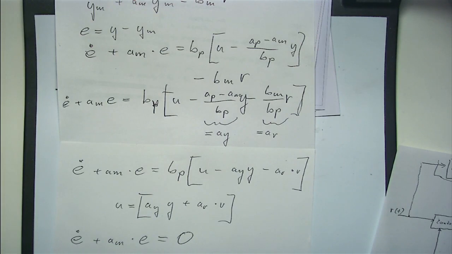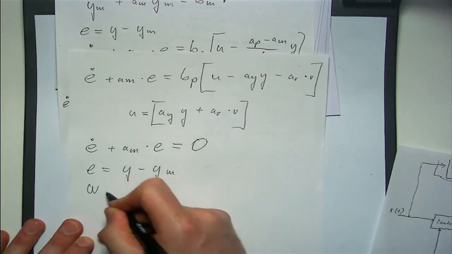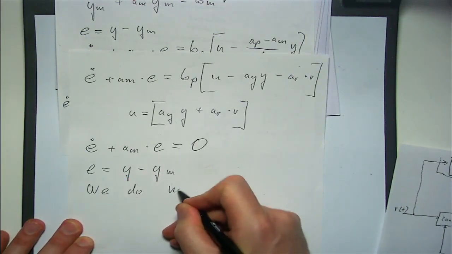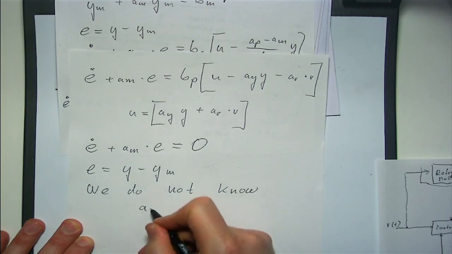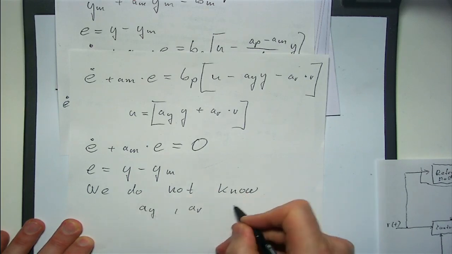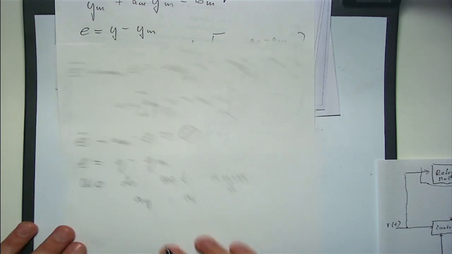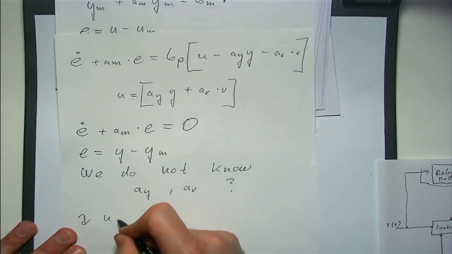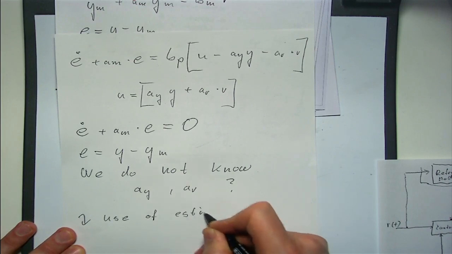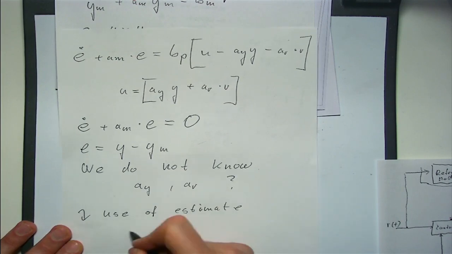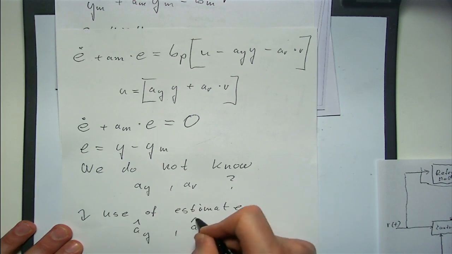Obviously we do not know AY, AR, so we have to use an estimate, and we usually call this AY hat and AR hat, right?